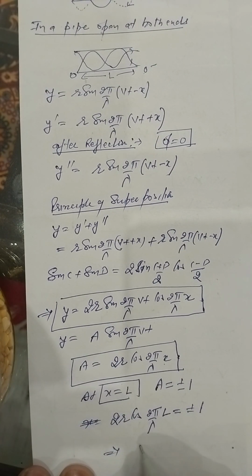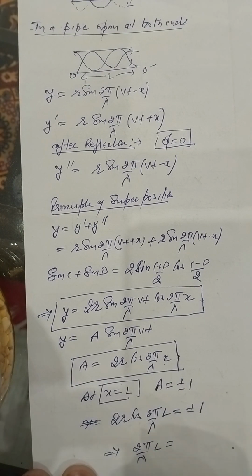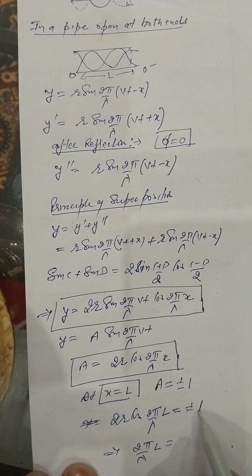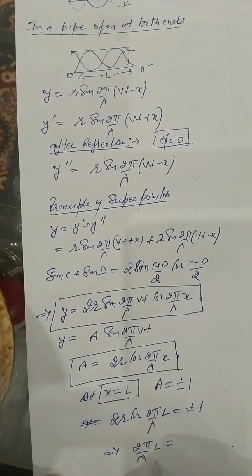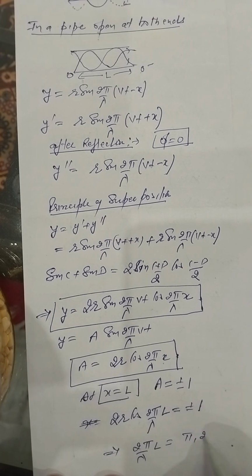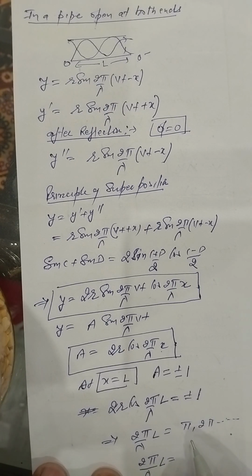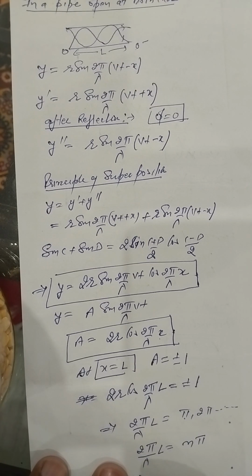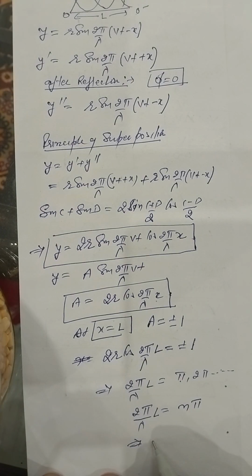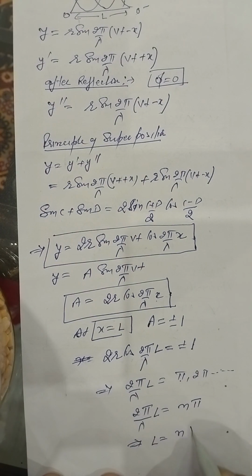As we know, cos is 1 at 0 degrees, π, 2π, and so on up to nπ. So generally we can write 2π/λ into L equal to nπ. So we are left with L equal to nλ/2.